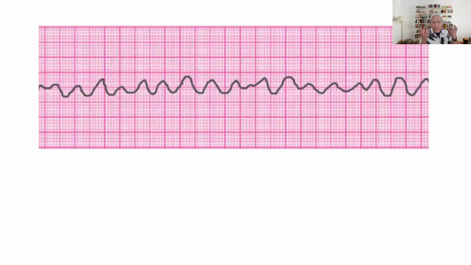If you cannot identify anything, then that means this is ventricular fibrillation. There's no organization, there are no distinct waveforms that you can identify. This is what is known as ventricular fibrillation. Ventricular fibrillation is equal to death. So you need to act immediately.